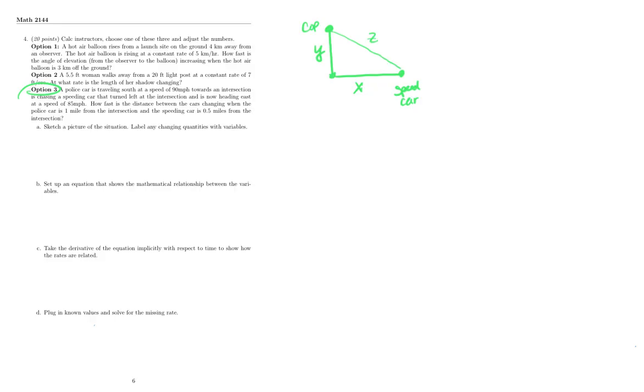Okay, so I have here labeled all the quantities that are changing. So the cop car is moving towards the intersection, the speeding car is moving away from the intersection, and so on. So the police car is traveling, so I know that dy/dt is going to be equal to, that's the speed of the police car, so it's 90 miles per hour.